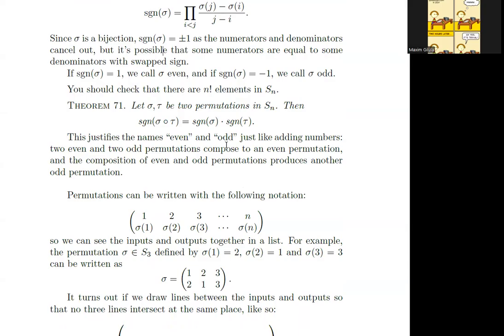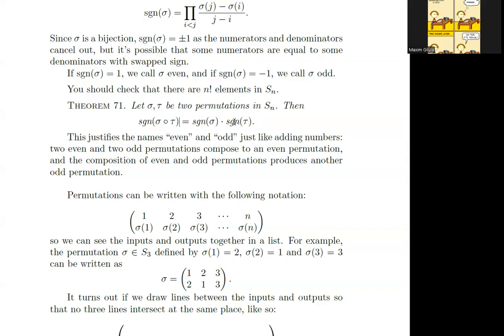And this justifies the names even and odd, just like adding numbers. If I take a product of two even permutations, I get even. If I do odd and odd, I also get even. And if I do odd and even, I get odd.